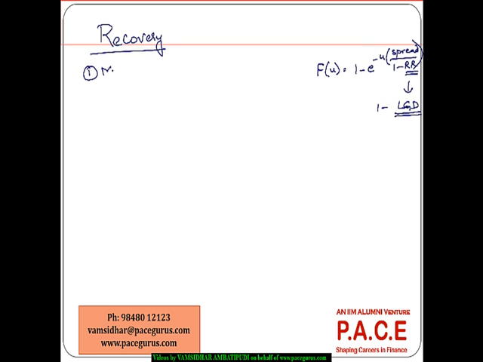Now, how do I get the recovery rate? Generally, recovery rates are obtained from market prices, through what is called a recovery swap. It is an instrument wherein a realized recovery, which is the actual recovery, is swapped versus a predetermined or prefixed recovery.